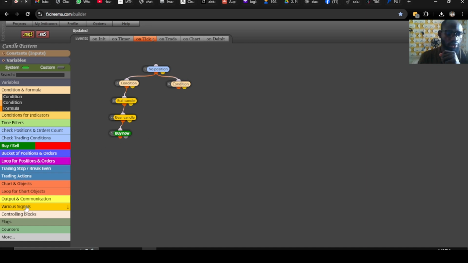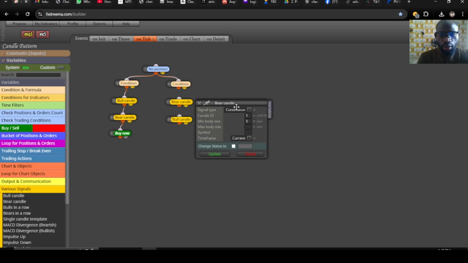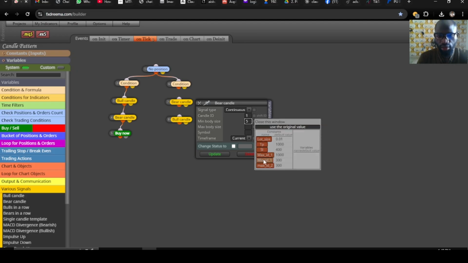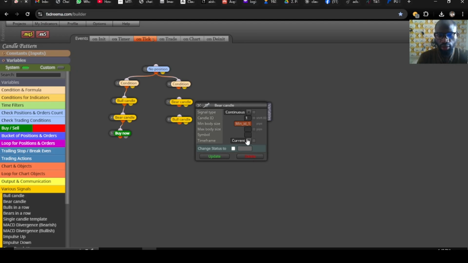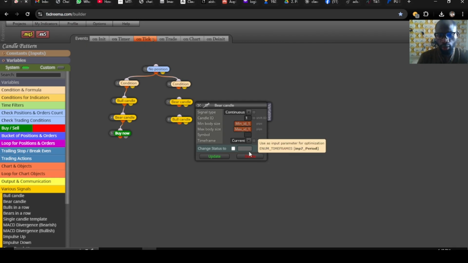The next thing we're going to do is to bring out the blocks for candle pattern. Then we come here also, we edit this bearish candle conditions. We change this to the minimum size in our constants, which is minimum ID 1, and also the maximum candle, which is maximum ID 1.